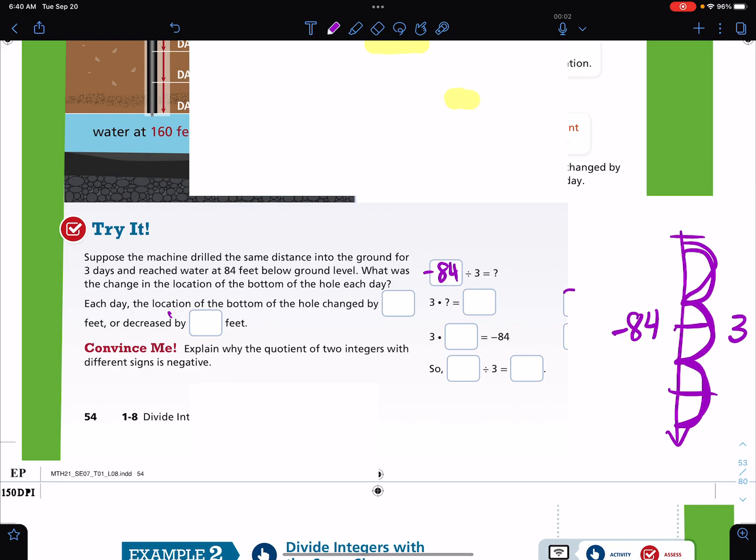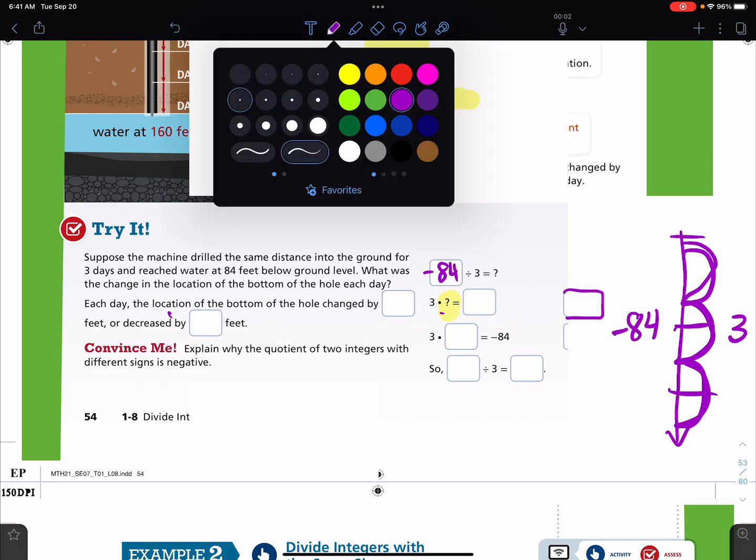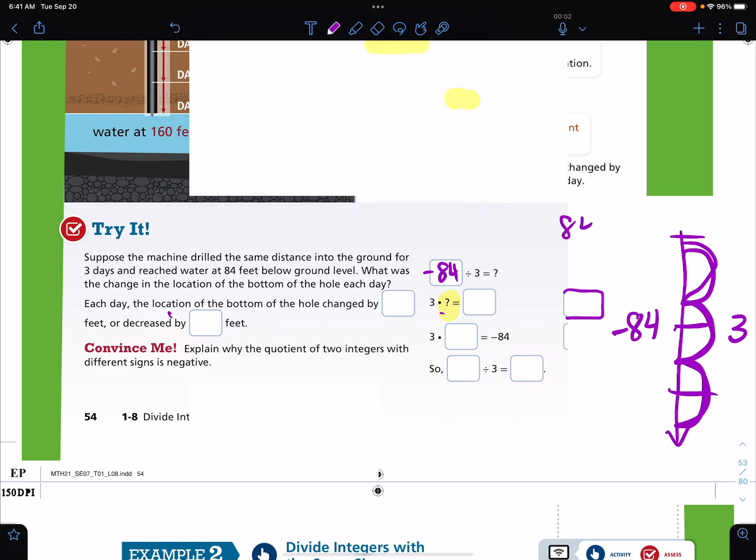I like how the book is doing 3 times what? Because some students need to know that. Some students will just go off to the side and do 84 divided by 3. 8 divided by 3 goes into it 2 times, multiply 3 times 2 is 6, subtract, bring it on down.